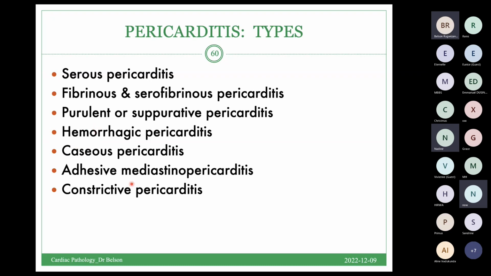Another scenario is the adhesive mediastinal pericarditis. Nukuvuga umuntu yagize inflammation igihe kinini hagati muri pericardium, ku buryo byanatumye pericardium y'ubwayo igenda igafatana muri ya healing repair mechanism, igafatana na other mediastinal structures around the pericardium.